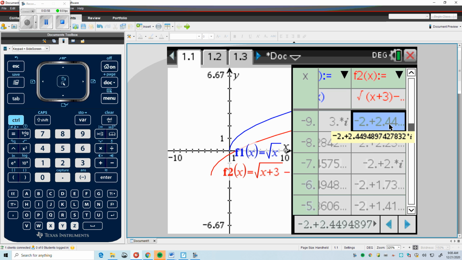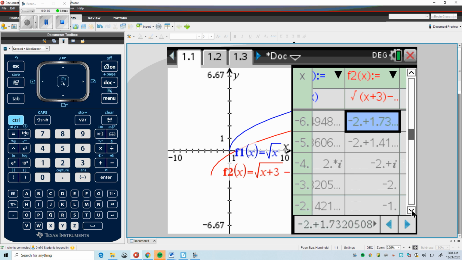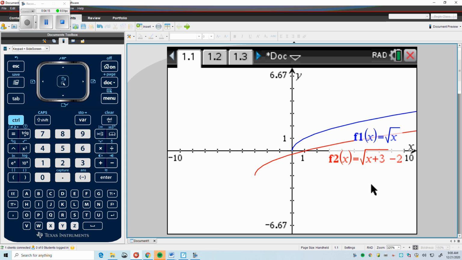That means it doesn't exist. And it's not until I get down to our first location at negative 3, negative 2, that was our first point that we plotted, that I actually get a real value. So we saw that just through the basics of transformations. We can see by graphing it and checking it out on the table that those would be our values.